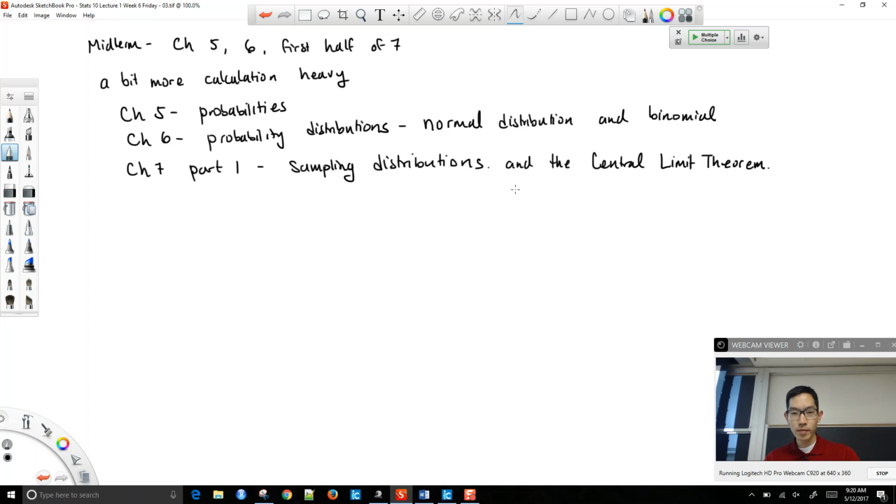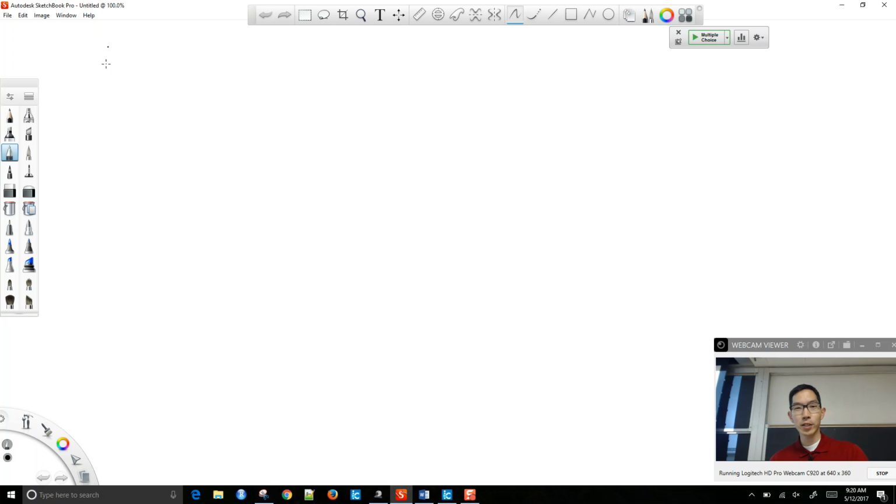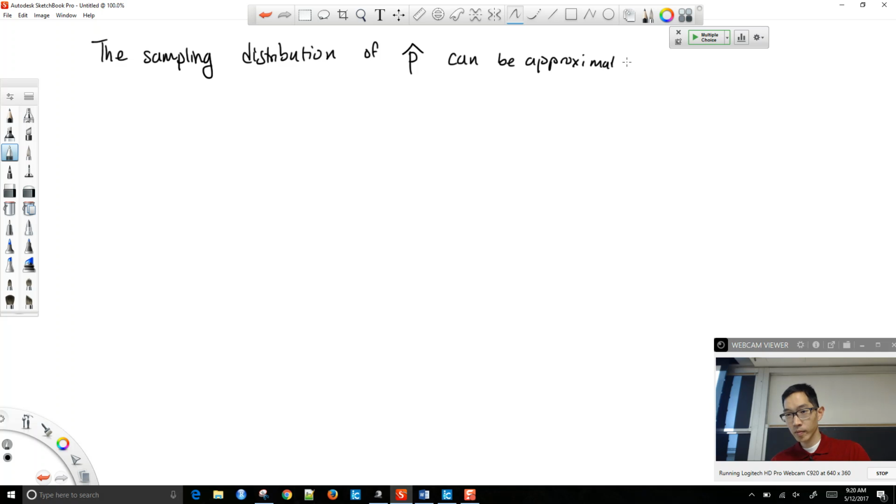So far, what we've said is that the sampling distribution of p hat can be approximated with a normal distribution, as long as the conditions are met.